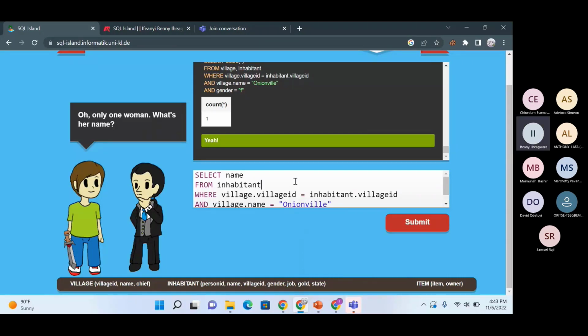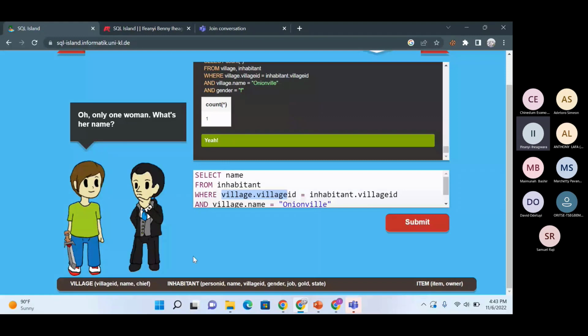Okay, sorry. So in the inhabitants table, we want to get the name from the village ID.